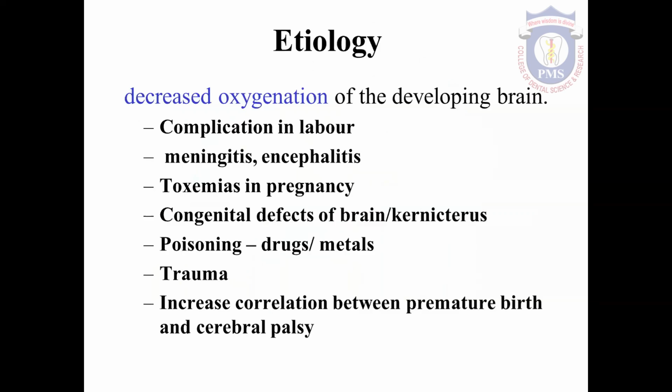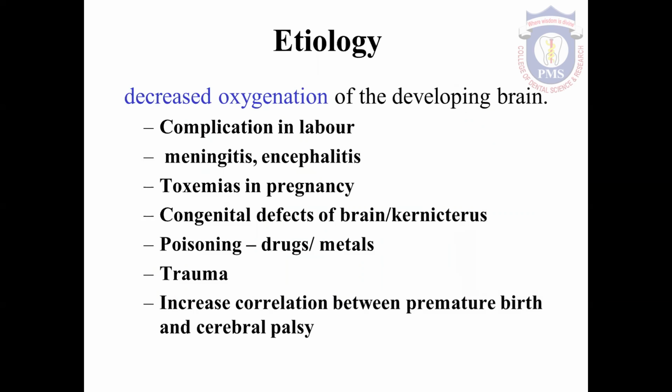And now, coming to the reasons for this condition. The main reason is decreased oxygenation to the developing brain. The brain is actively developing. If there is any hypoxic condition to the developing brain, that can lead to cerebral palsy.